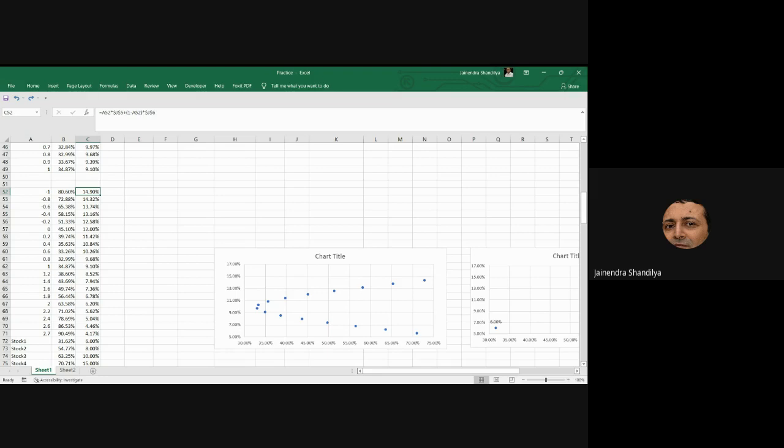If -1 is the weight, then -1 into the excess return, which was 9 point something, plus the weight of Y will be 100%, so 100% of the Y return, which was close to 13%, I think more. So the combination of that should lead you to this return. So we have these two things, the variance.